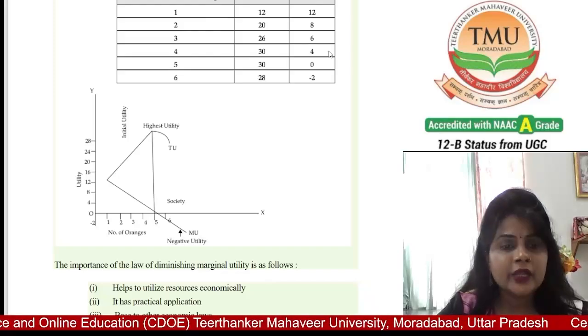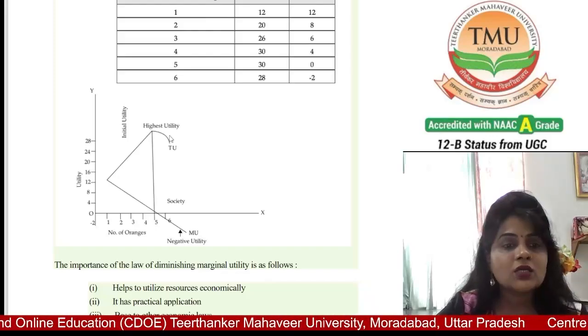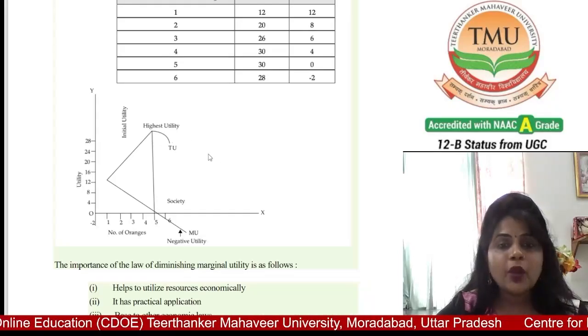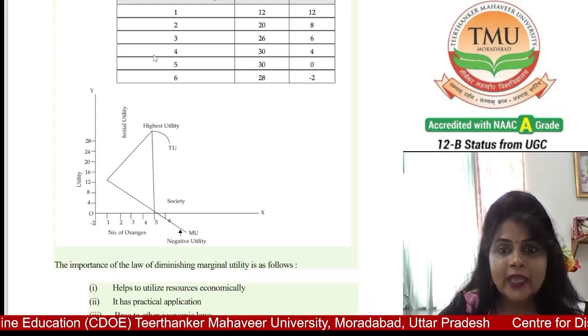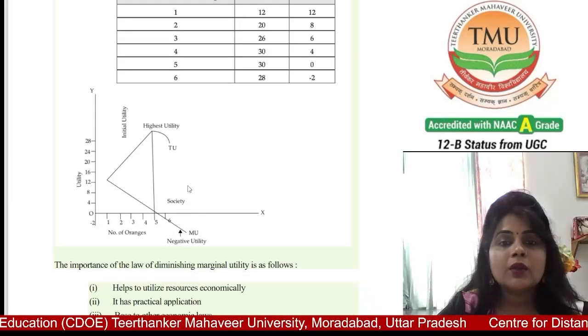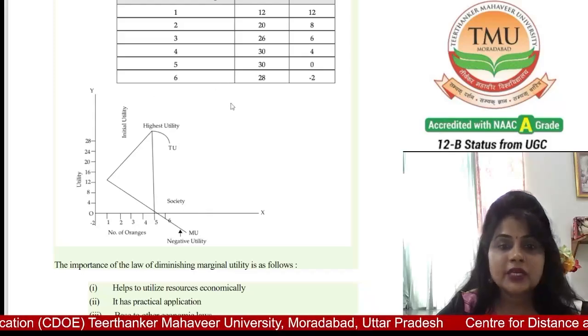Zero marginal utility refers to the marginal utility that occurs when the consumer has reached their satiety point. In this diagram, you can see at the fifth unit, the consumer got to his satiety point.